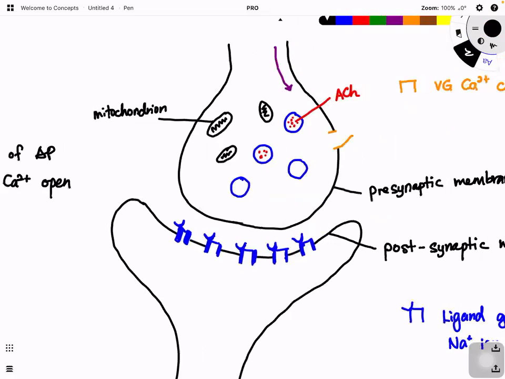When the calcium channel opens, outside there is a higher concentration of calcium ions compared to inside, so calcium ions now enter by facilitated diffusion. Are you clear?